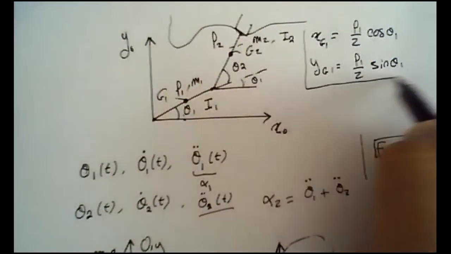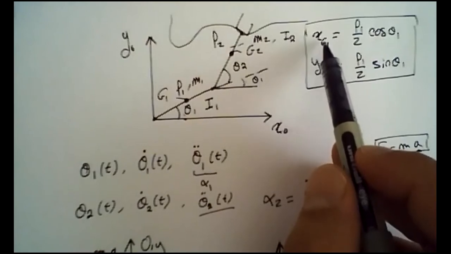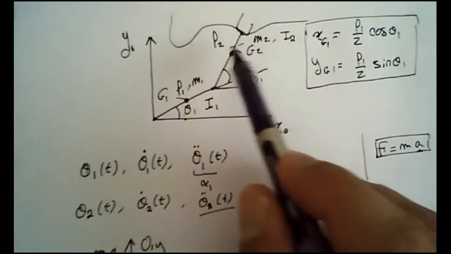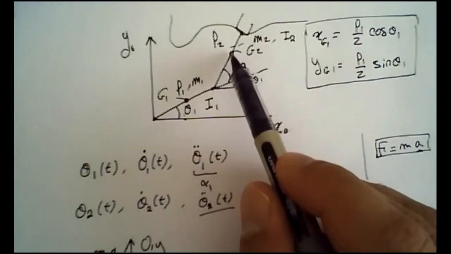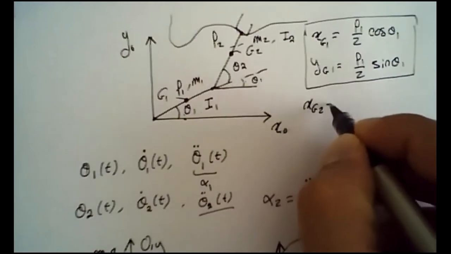If I differentiate these with respect to time, I will get the velocity of G1 in the x direction and in the y direction. I can do the same process on G2. What is the value for xG2?